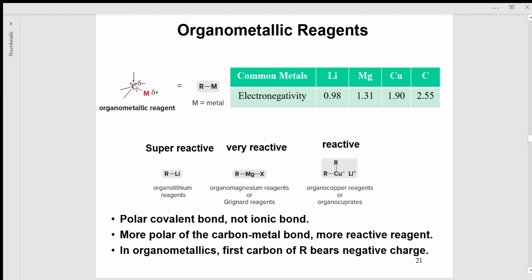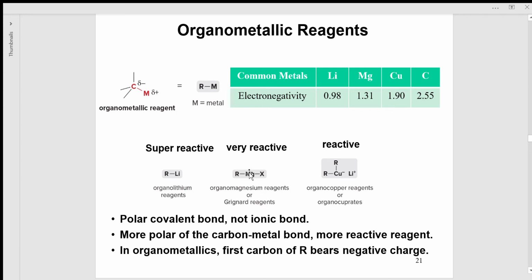So in the carbon-lithium molecule, this carbon bears the most negative charge among the three organometallic molecules, because lithium is happy to give its electron to this carbon. We call this the lithium reagent. It's the most reactive of these three organometallic reagents.